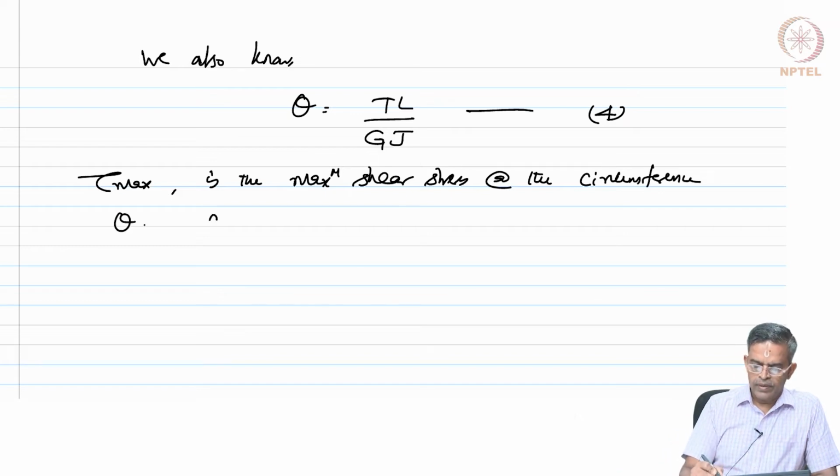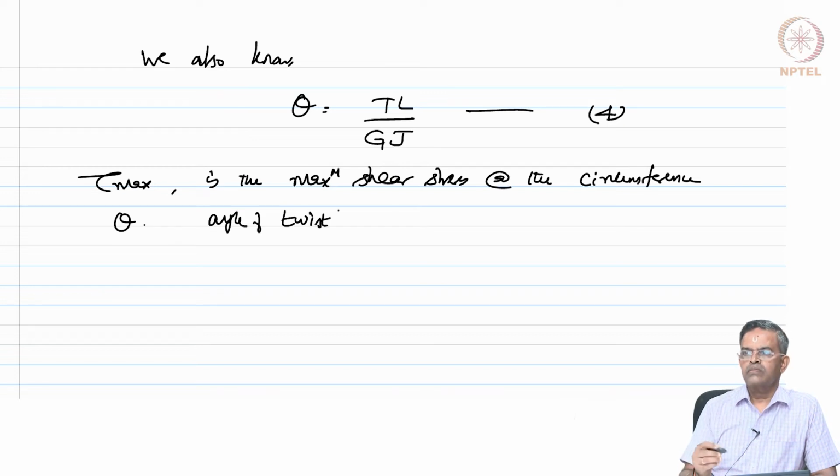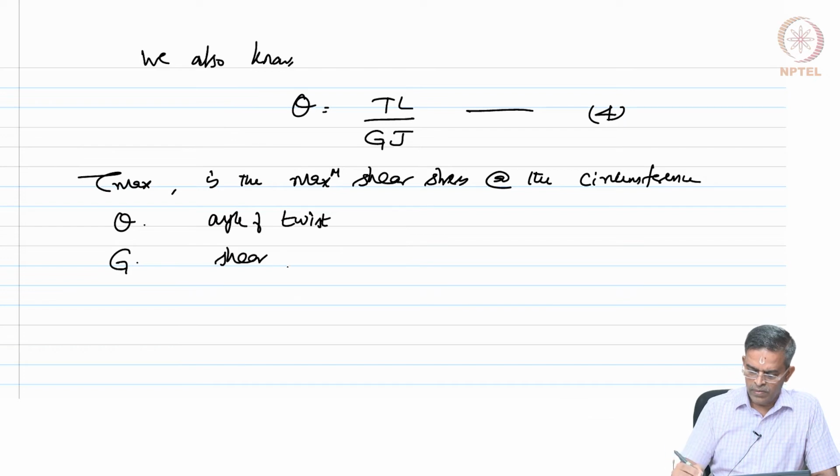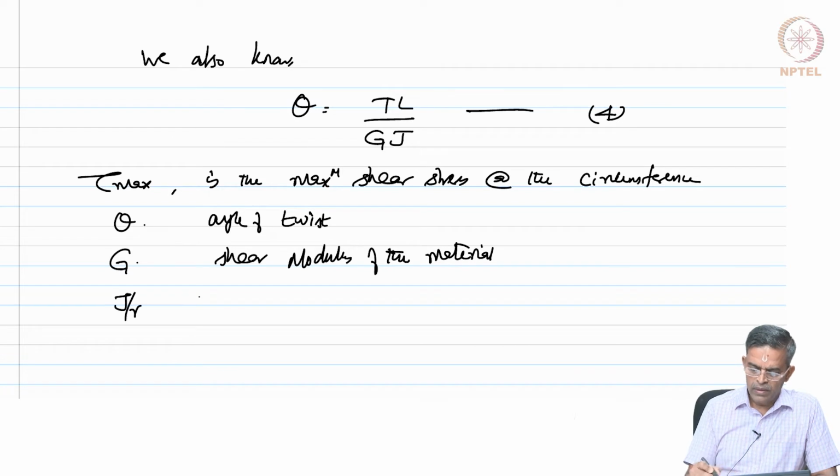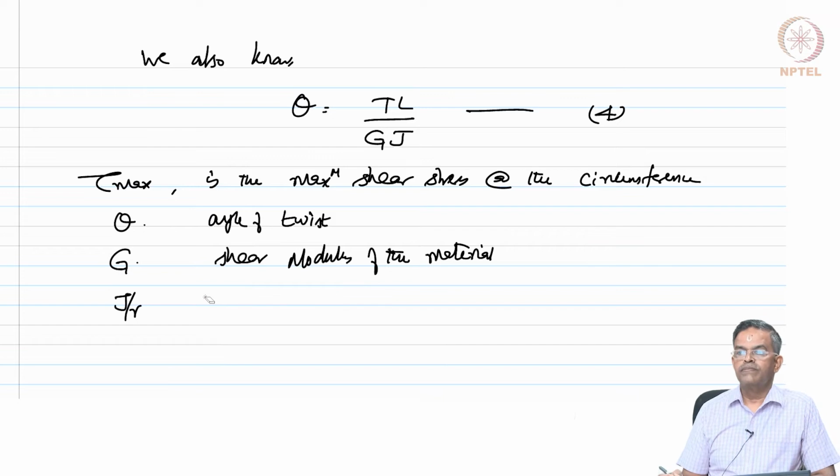Theta is the angle of twist. G is the shear modulus of the material. J by R is termed as torsional section modulus.